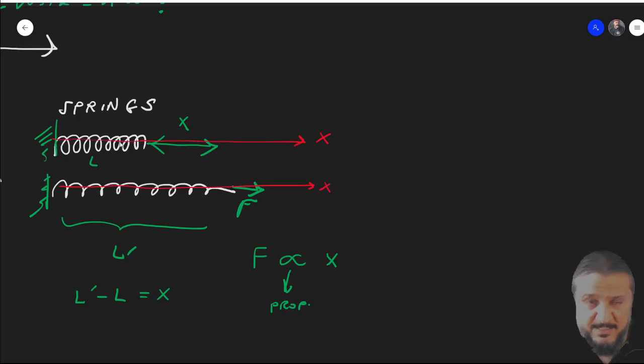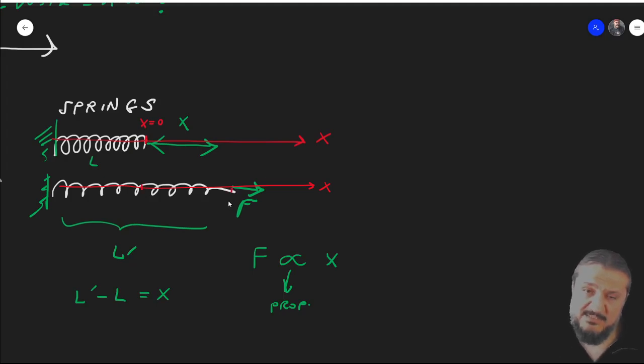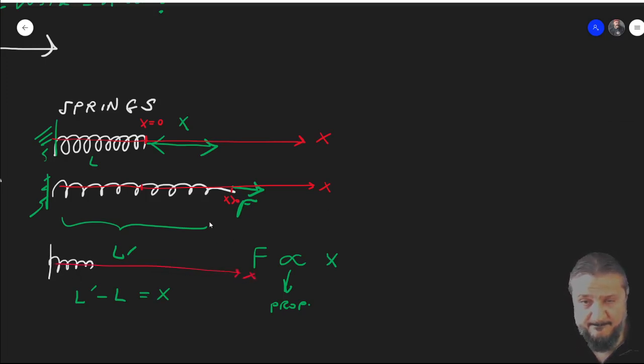Okay, and I'm going to call this point here x equals 0, my origin. So when I'm stretching, this end of the spring is at a positive number here. But when I'm compressing the spring, let's say here, this point is still the 0 point, but I'm on the left of 0.